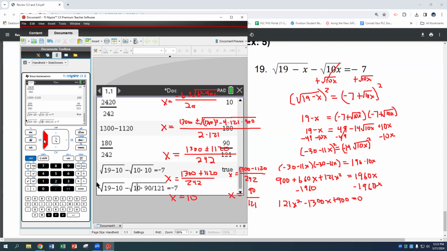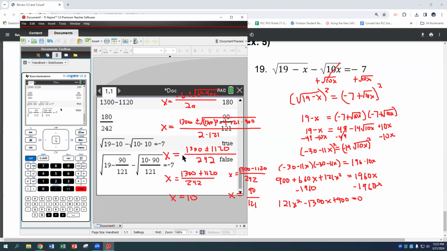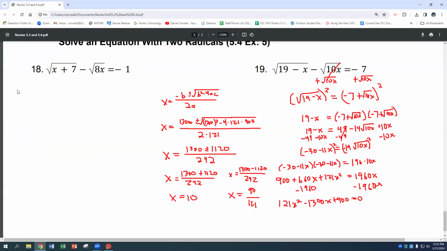And I'm going to replace this one over here with 90 divided by 121. And you get false. All right, so this is extraneous. It is extraneous. And my answer is just x equals 10.